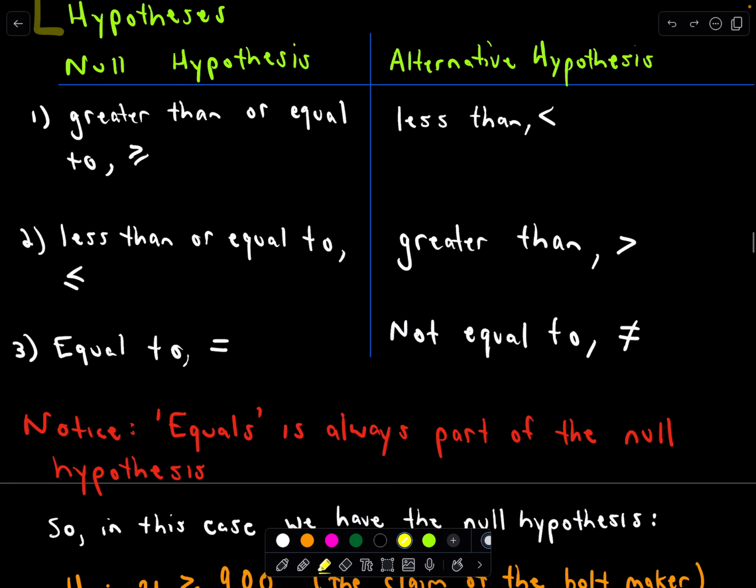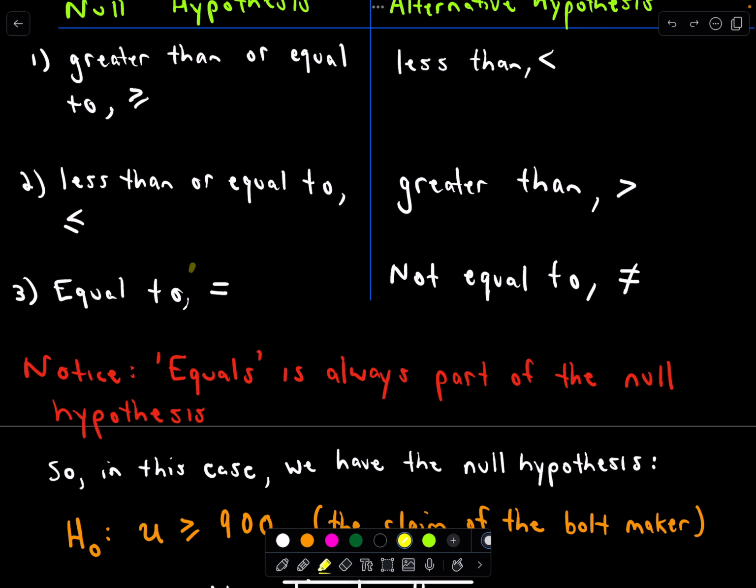And likewise, suppose it's not less than or equal to, well, the other thing that could happen is it would have to be greater than. And last but not least, we could have our parameter equal to some value, and if our parameter is not equal to that value, well, that's the alternative. It would be not equal to it.